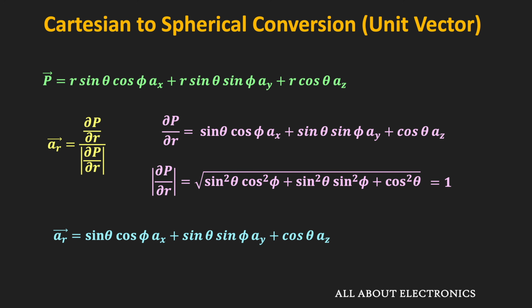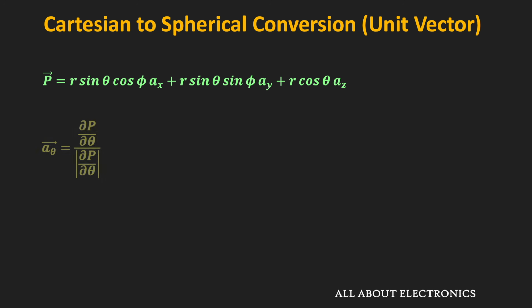Similarly, now let us find the unit vector A theta. This unit vector A theta is equal to del P divided by del theta, divided by its magnitude. To perform del P divided by del theta, we will differentiate this vector P with respect to theta.